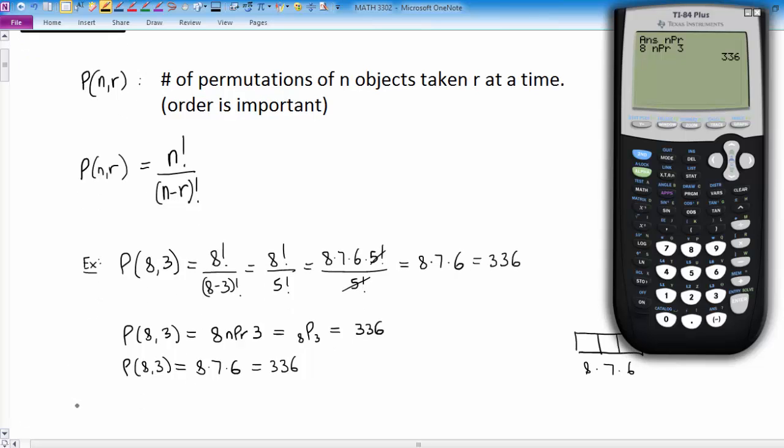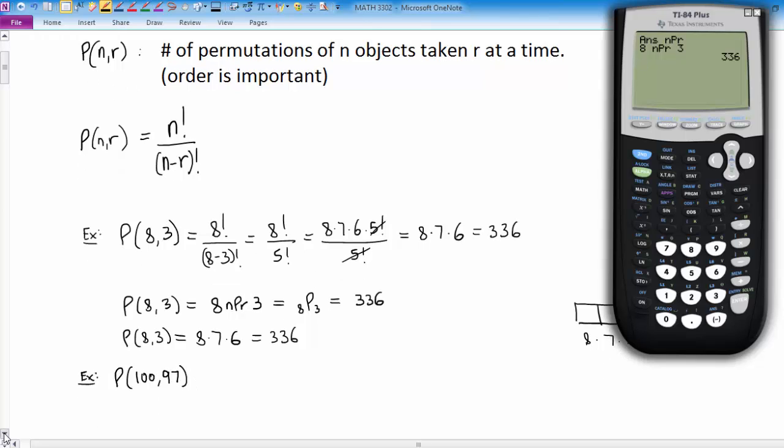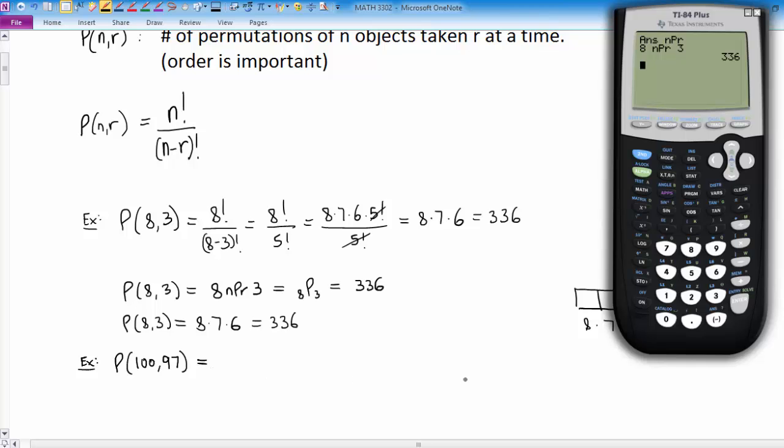Another example, let's say you want to find the number of permutations of 100 objects when you take 97 at a time. Now you can also apply the formula, right? The 100 factorial divided by 100 minus 97 factorial. That will give you 100 factorial divided by 3 factorial.